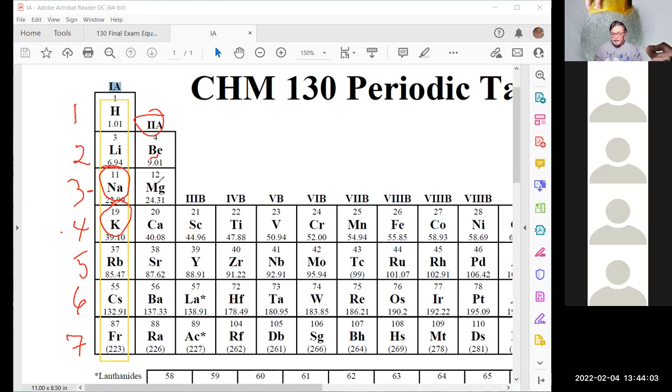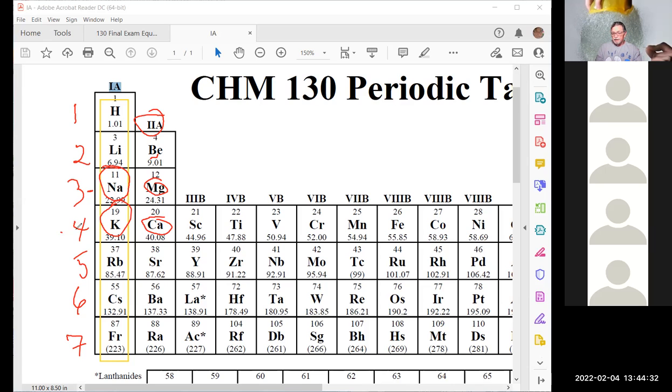And so magnesium is right here. It has 12 electrons. Of those 12 electrons, it has 2 of them in the outermost shell, which happens to be energy level number 3, just like sodium. Calcium, right here, has 20 electrons. 20 protons, 20 electrons, and 2 of them in the outermost shell.